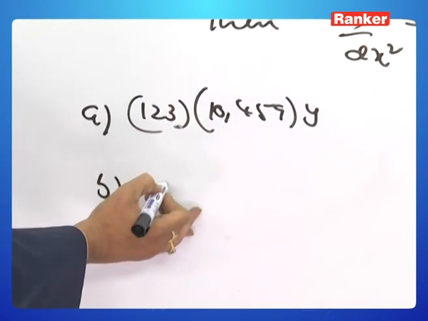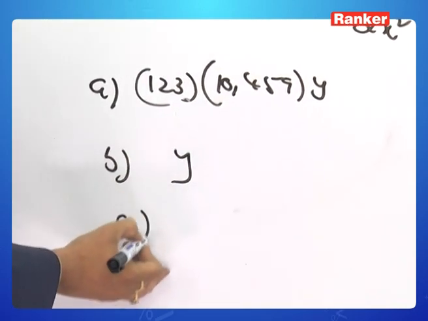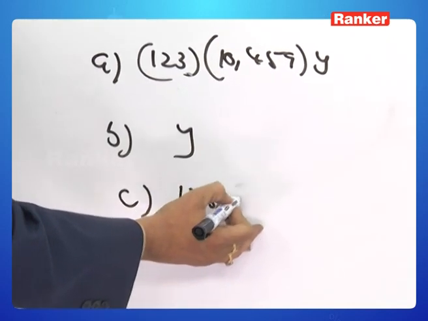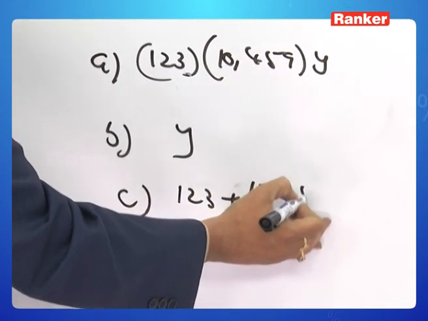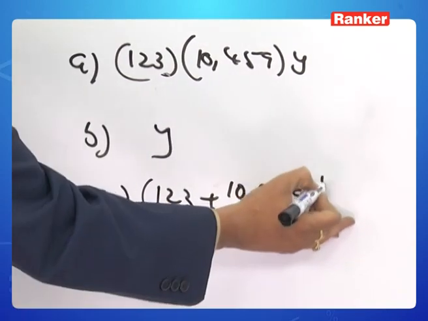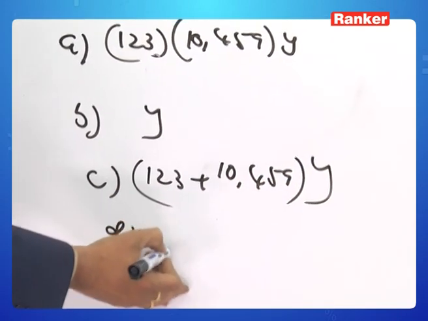Third option, y. 123 plus 10,459 into y. Fourth option, none.